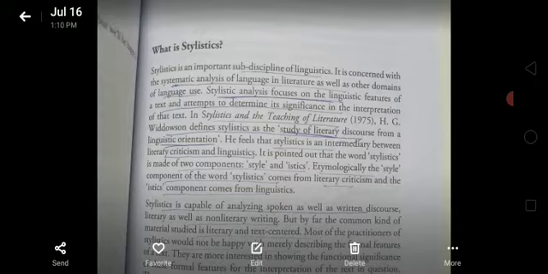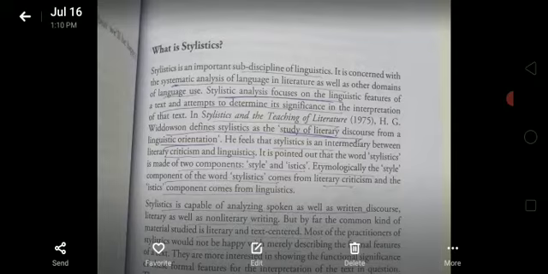Etymologically, the style component of the word stylistics comes from literary criticism and the istics component comes from linguistics. Remember this for an objective question in the forthcoming examination.